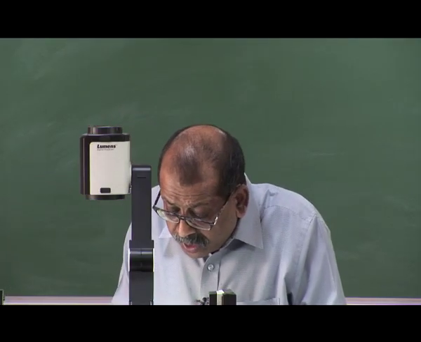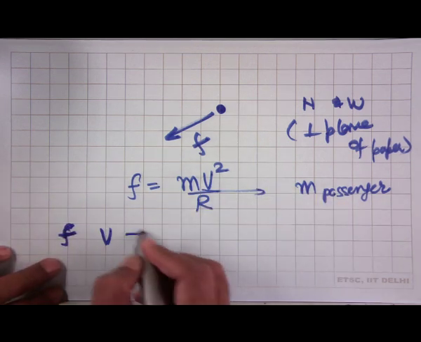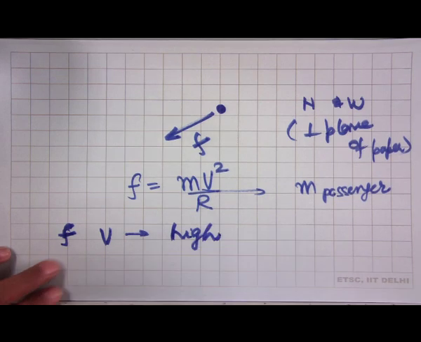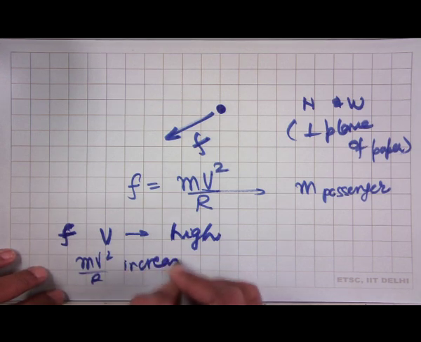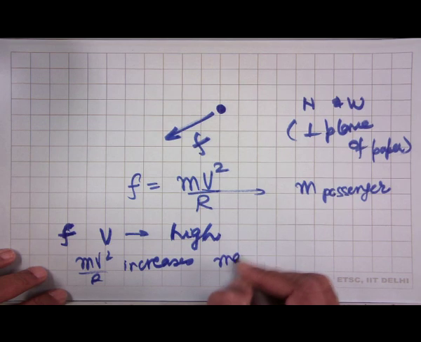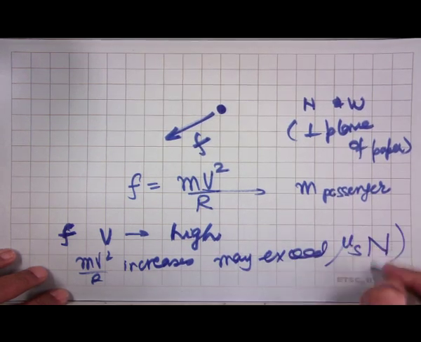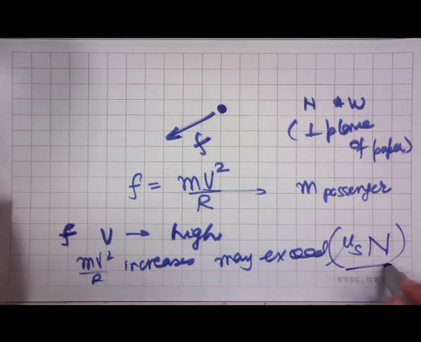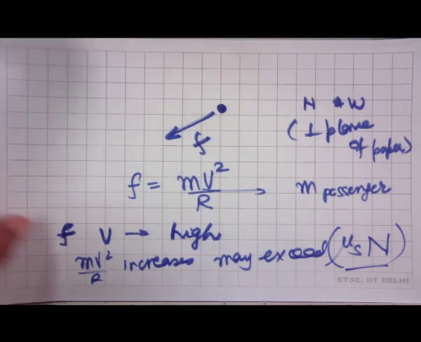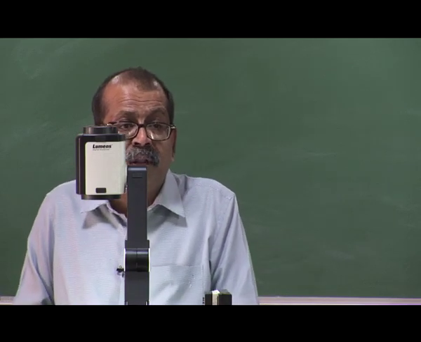Now, if the velocity of the car is high, then what will happen is mv square upon r increases, and this may exceed mu s n, which means then if this exceeds mu s n, then friction force will not be able to stop the relative motion of the body.